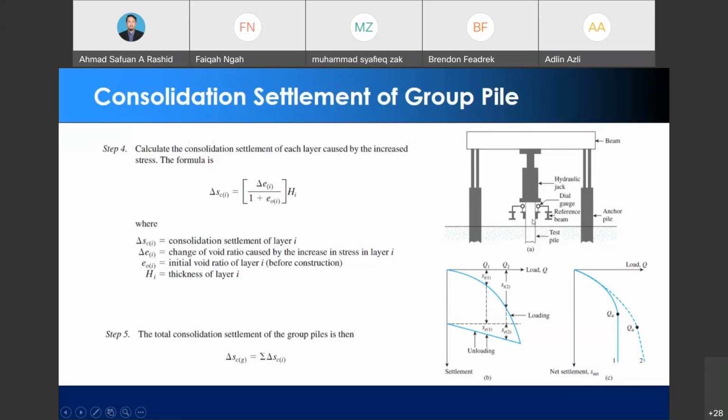This uses a beam system. For the maintained load test, they use a hydraulic jack and place a block on top of the beam to apply load.